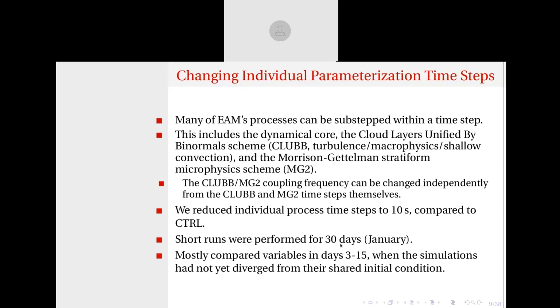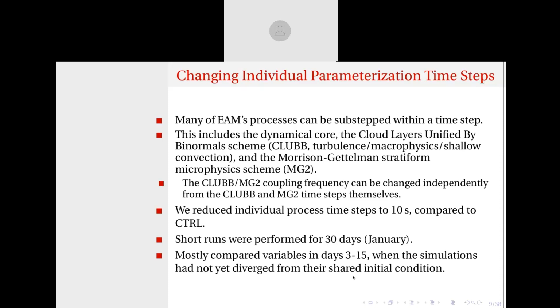So what we did was, first of all, because the effect sizes were relatively large between the control and all-10, this wasn't enough time to really see a difference there. Also, because all of these runs started from a shared initial condition, we were able to compare them mostly in the first 2 weeks of the simulation.